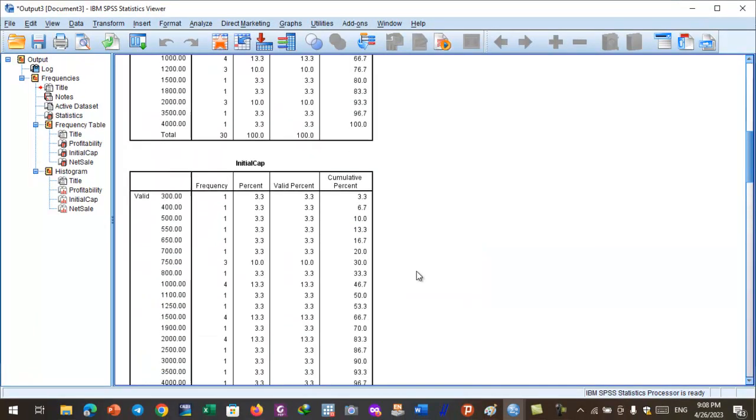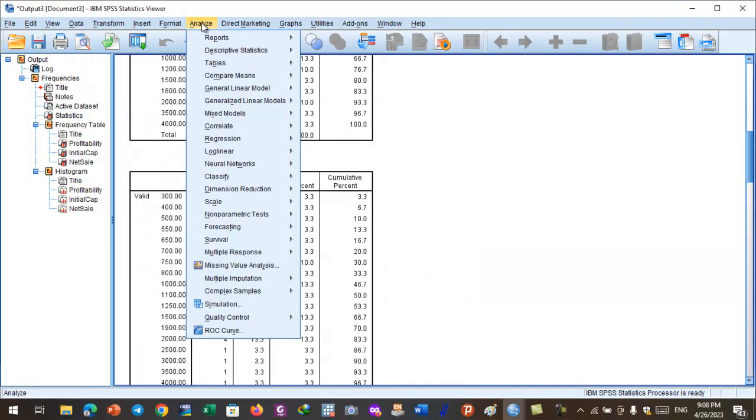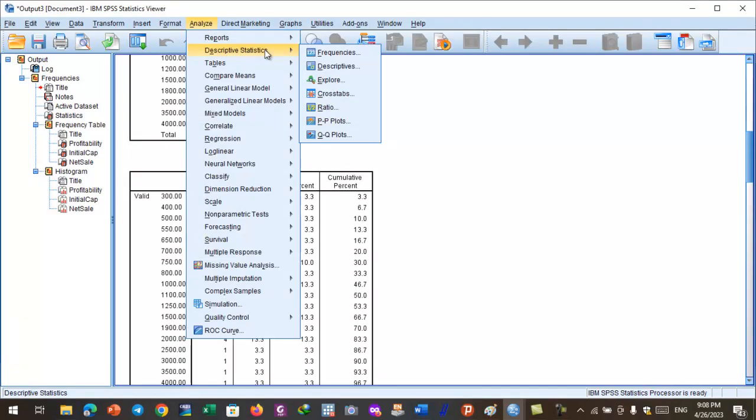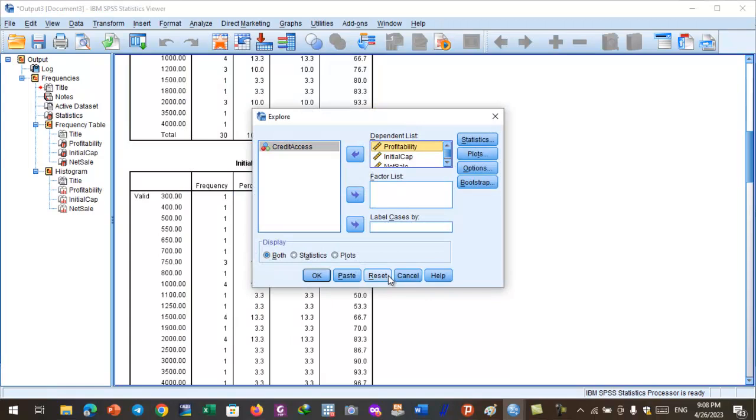Let me show you another normality test way, and it is explore. Let me reset. Okay, and we move these scale variables or continuous variables into the dependent list: profitability, initial capital, net sale, all these variables.